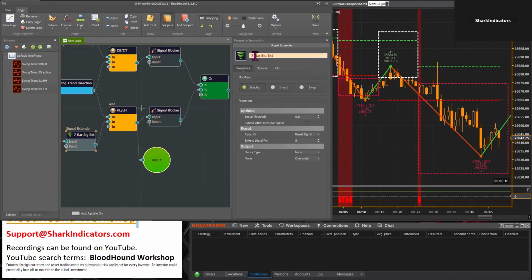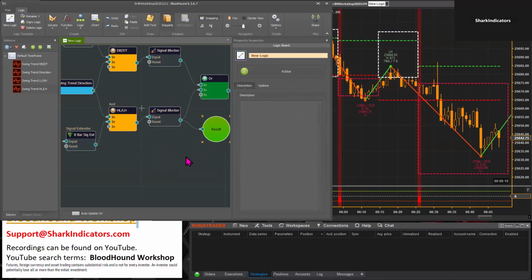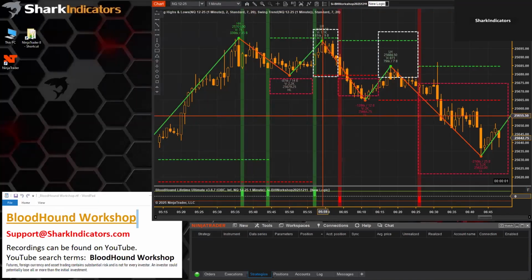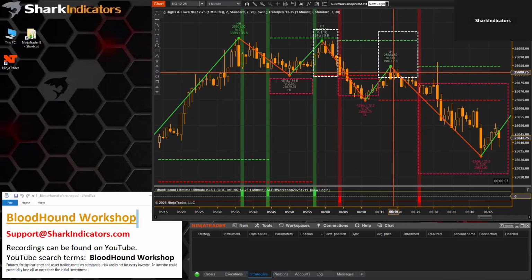So let's update the name here, like so. And now let's take a look at the signal blocker. Yep, good enough. Good. So we fixed one that was missing.